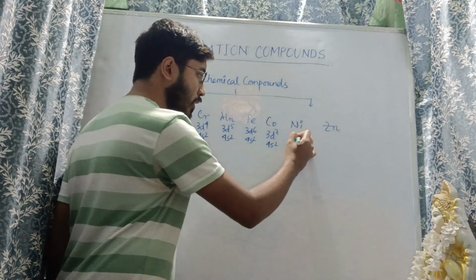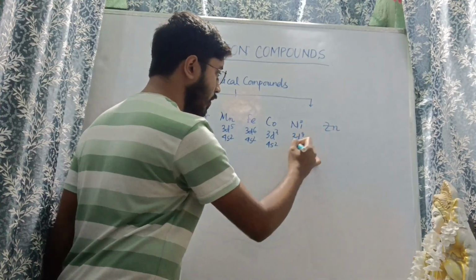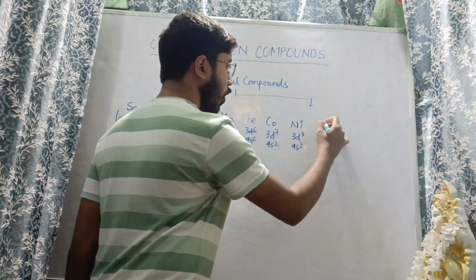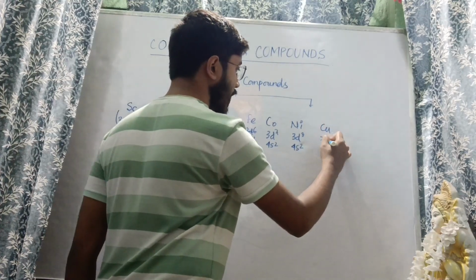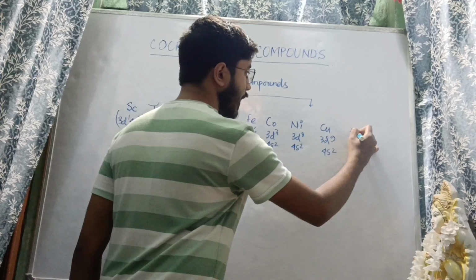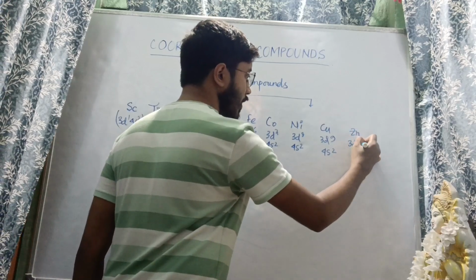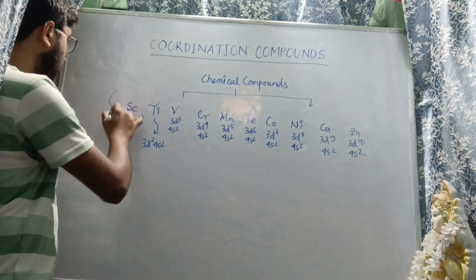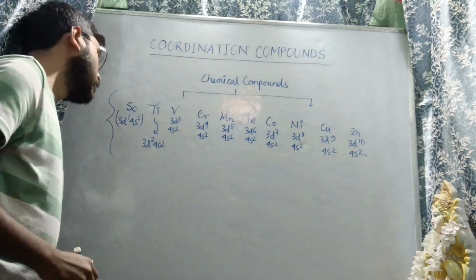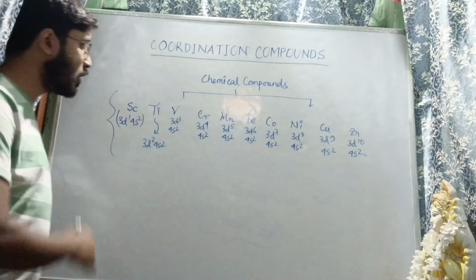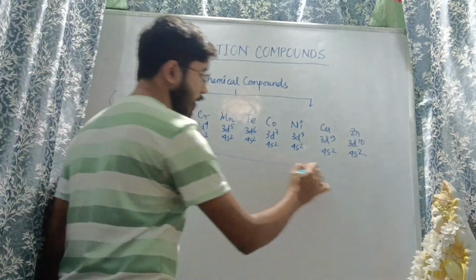And for nickel, 3d8 4s2. For copper, it is 3d9 4s2. And for zinc, this is 3d10 4s2. To discuss the bonding of coordination compounds, at first we must remember those electronic configurations.